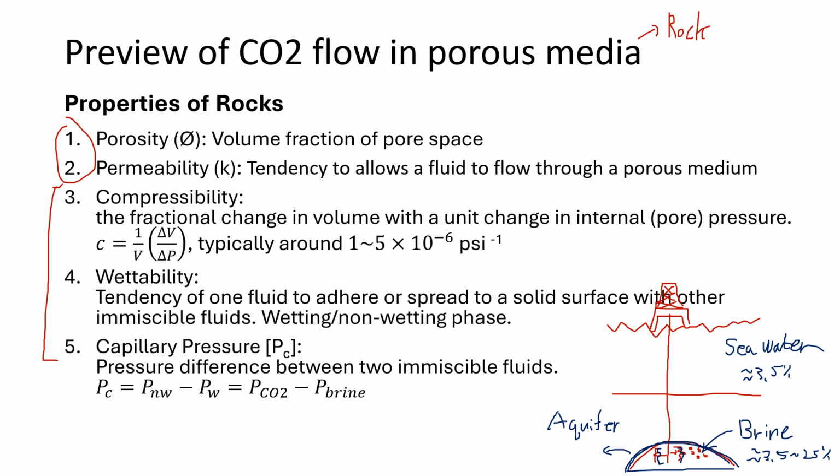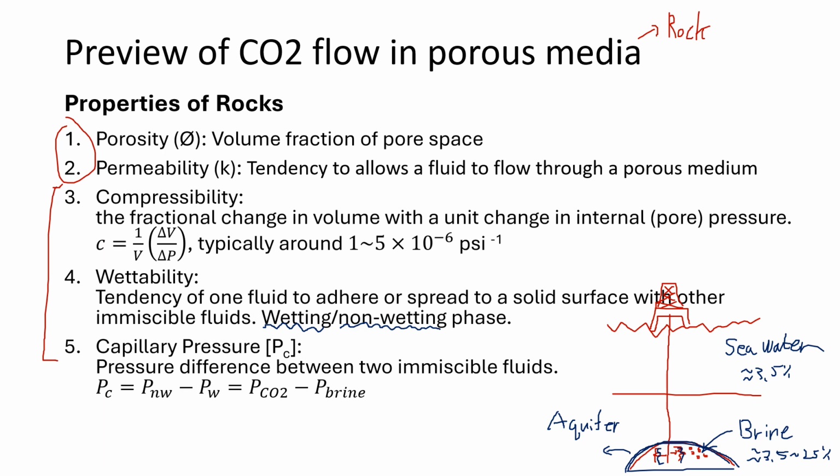So that's how we can define different phases. The brine will remain as a wetting phase, and the CO2 will remain as the non-wetting phase. And this wettability indicates that the rock may have a different tendency to contact.